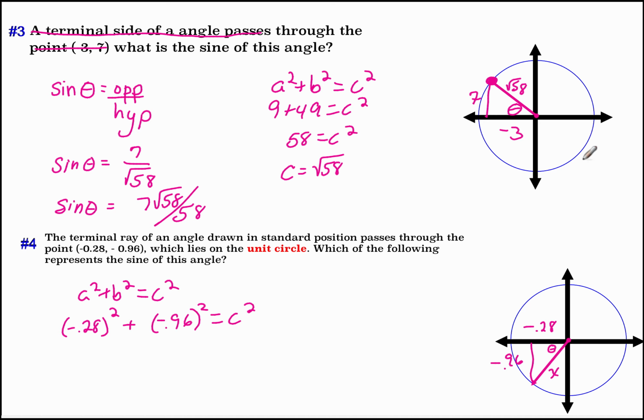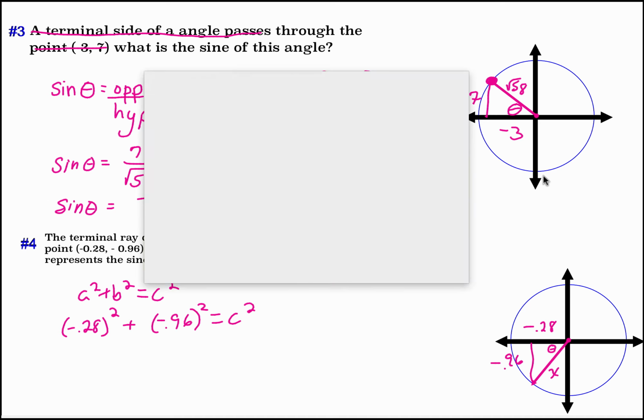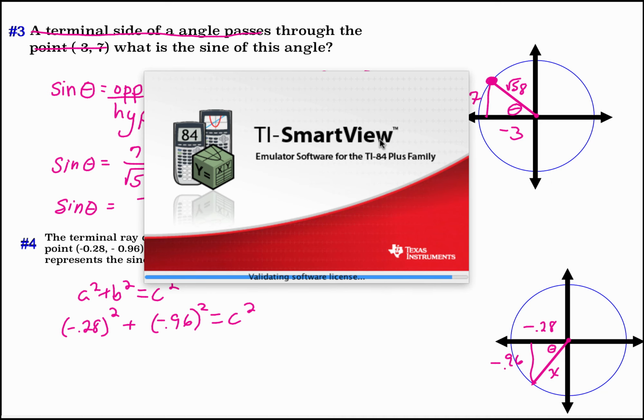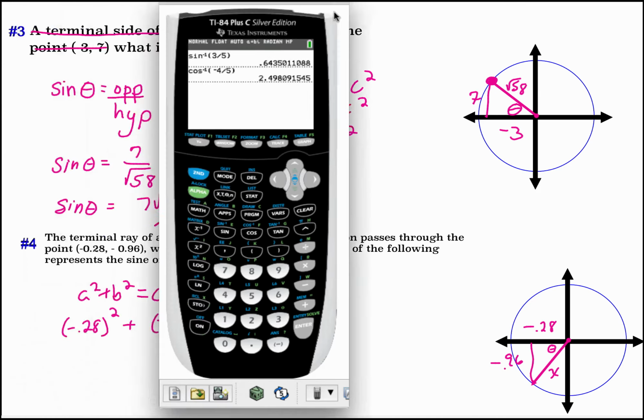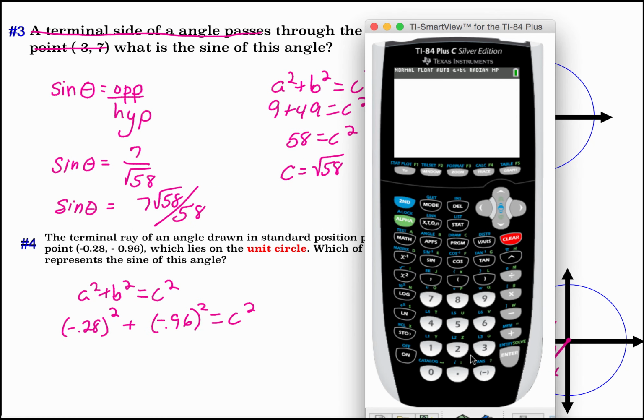Let's take out the good old calculator. So negative 0.28 squared plus negative 0.96 squared. Oops, put those in parentheses. Negative 0.28 squared plus negative 0.96 squared equals 1.